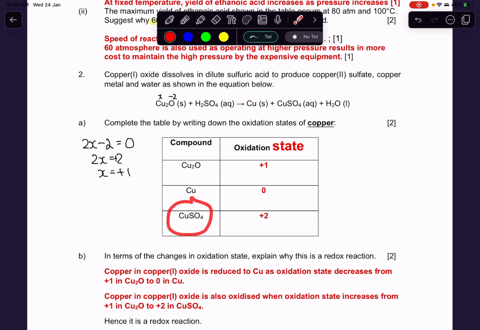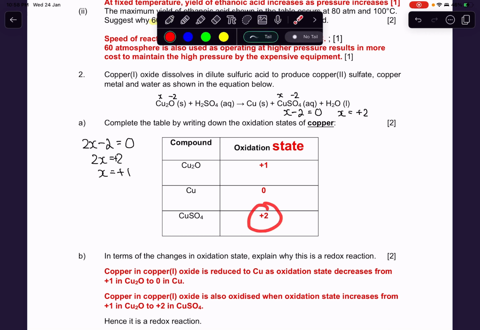CuSO4: you know that SO4 is 2 minus. Or if you want to remember, the S in SO4 2 minus is +6, that also works, but it's easier to just use the charge of sulfate, which is 2 minus. So to make up copper 2 sulfate, you just say x minus 2 equals 0, x equals +2.